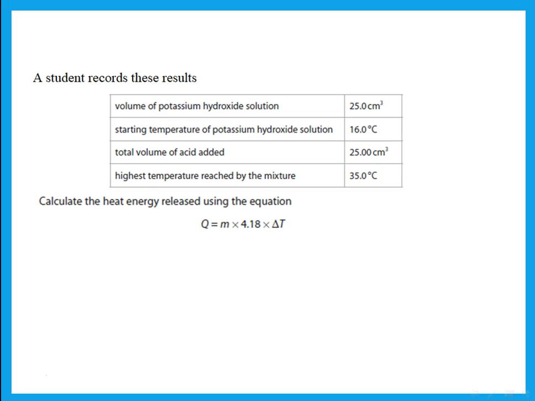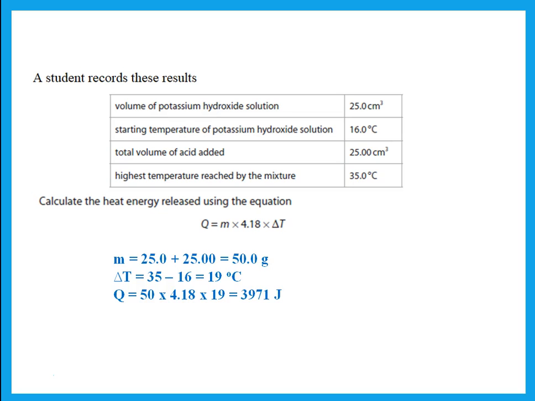Calculate Q. Okay, what is M in this case? We said M is the mass of solution. What is the mass of solution here? Can you see that he put 25 of potassium hydroxide and 25 of acid? So his total mass is 50 grams.